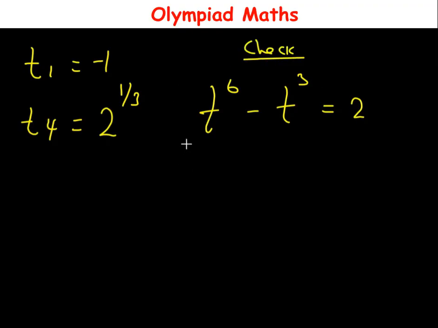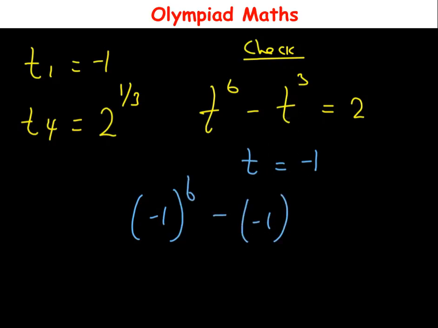Now for the first value of t, t equals minus 1, I'm putting the value of minus 1 into this equation. Then we have minus 1 all raised to the power 6 minus minus 1 all raised to the power 3, equal to question mark. From here, minus 1 all raised to the power 6 is equal to plus 1, then minus 1 all raised to the power 3 is equal to minus 1.